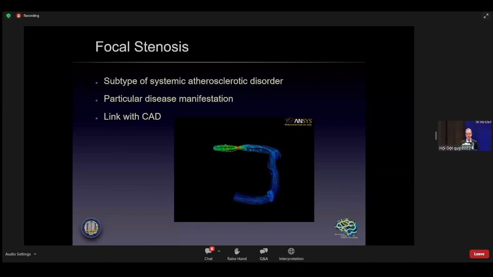It happens only on specific walls of the vessel. It's not a concentric or symmetric narrowing of the vessel. So there's a very specific pattern, and it's all driven by flow. And that becomes important not just in terms of short-term treatment, but perhaps also in terms of long-term treatment of ICAD.